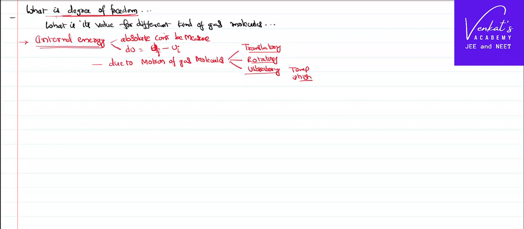To explain that, we have a theory called the law of equipartition of energy. What that theory says is each degree of freedom. So before going to that, let me explain what we mean by degree of freedom itself.